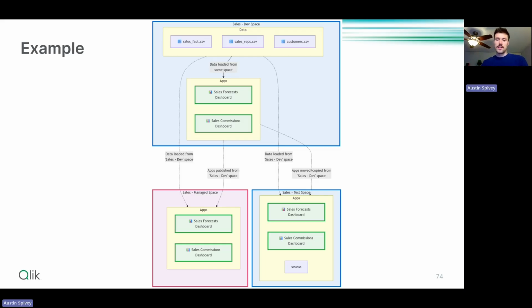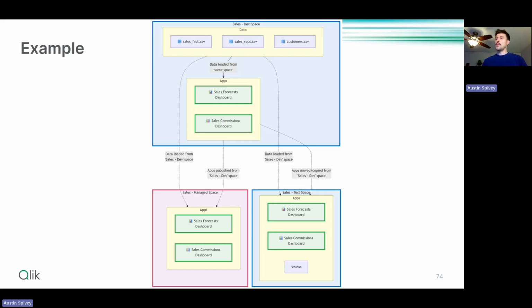There are a few extra lines in this diagram just to show that you can have data that lives in one space, but that data, if you have the right permissions, can be used in other spaces. So this is an example where these sales data files can be used to create the app in the dev space.